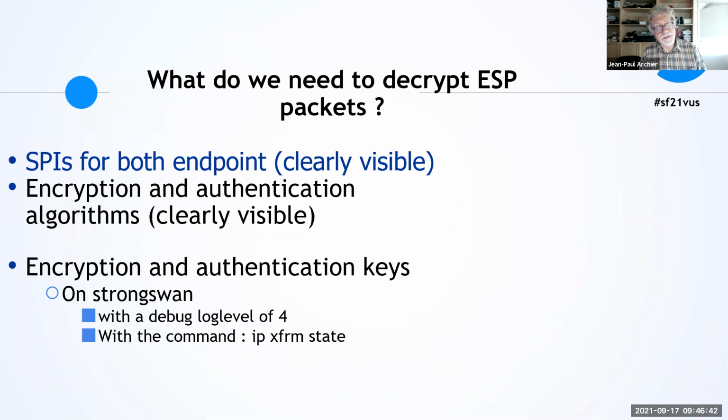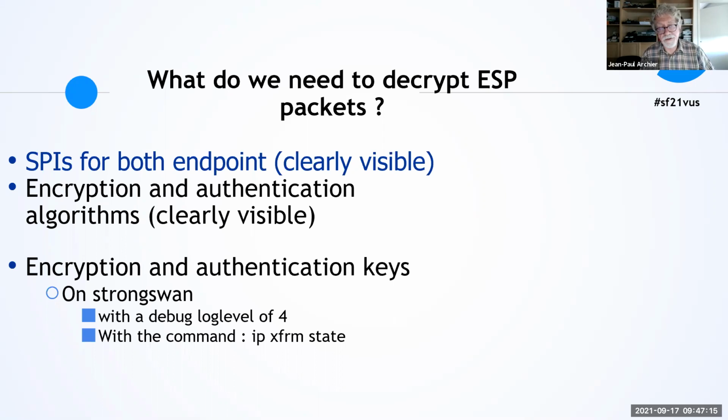Now, if we look at the ESP packets, which are the more interesting packets since they are carrying the user data, we also need the SPI, the ESP SPIs. That's the easy part. The algorithm is easy also. And as for the IKE SA, the most difficult part of the task is to get the encryption and authentication keys.